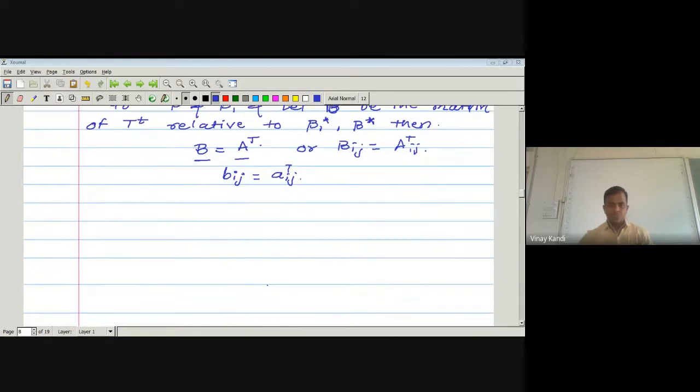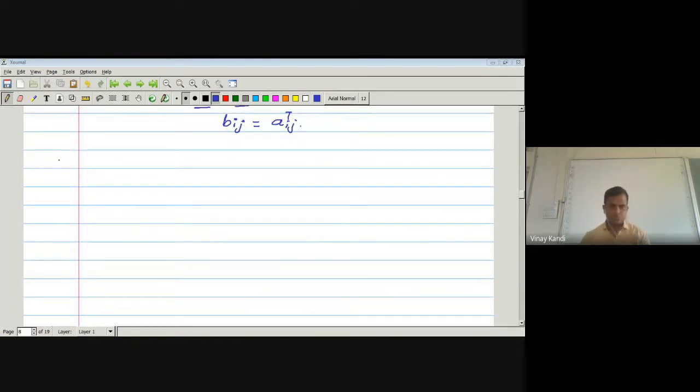Okay. T is the linear transformation from V to W, and T transpose is the linear transformation from W star to V star. What are the bases? This one is beta 1, so the basis of W star is beta 1 star, and the basis of V star is beta star.